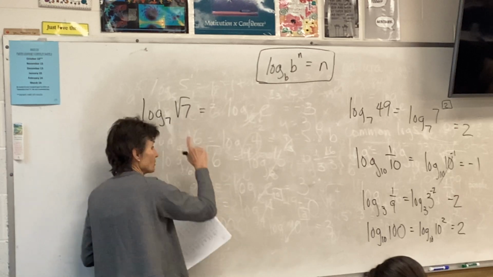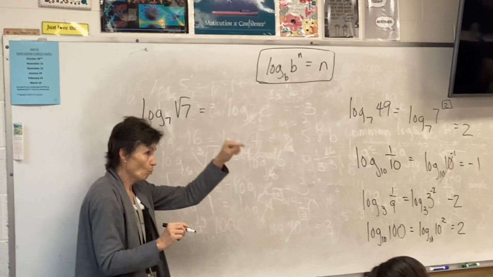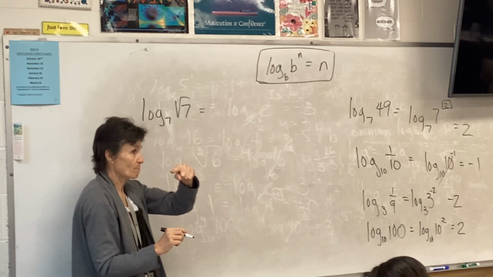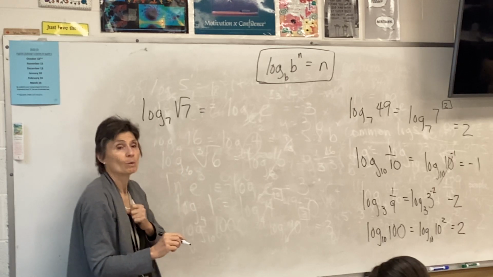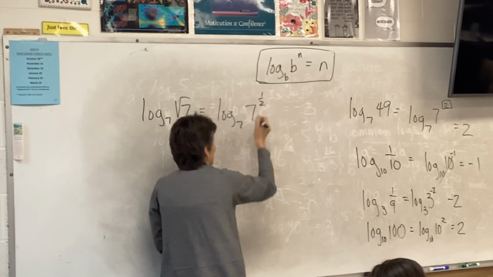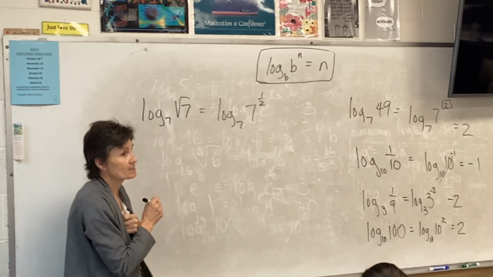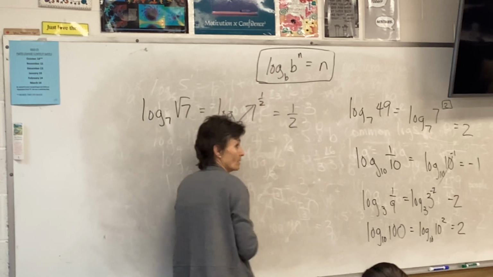So radicals do not live in logarithm land. If you have a square root, change it to an exponent. What is the exponent for a square root? 1/2. As soon as you do that, you know your answer. These match, so the answer has to be 1/2.